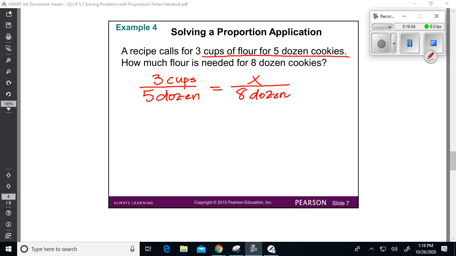If you did 5 over 3, then you had to have the other fraction be 8 over x. So, same rules apply. 3 and 8, going with x and 5.